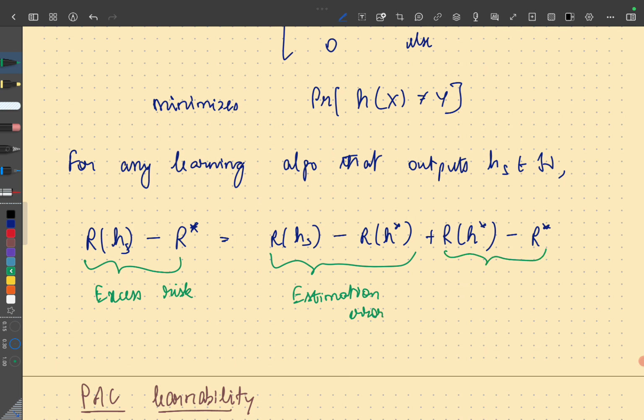And the second is the error that you face because you chose the hypothesis class to be H. That's in some sense the modeling error, but it's also called the approximation error, which is also sometimes referred to as an inductive bias. You made some assumptions on the hypothesis class, and this is the penalty that you have to pay because you chose a bad hypothesis class H.